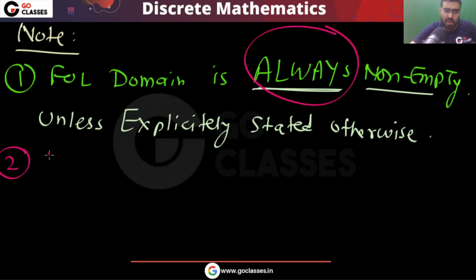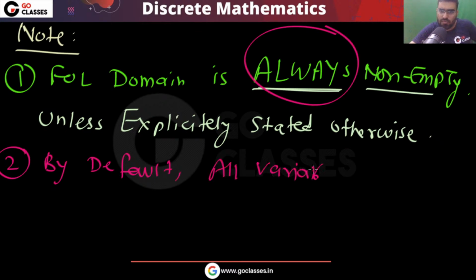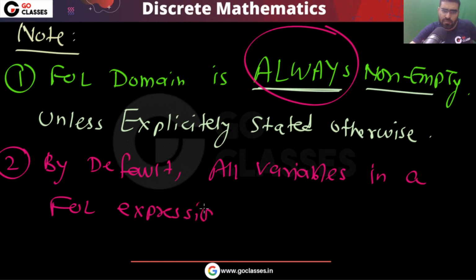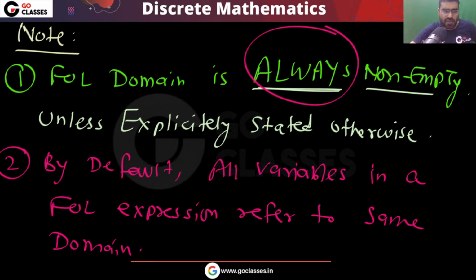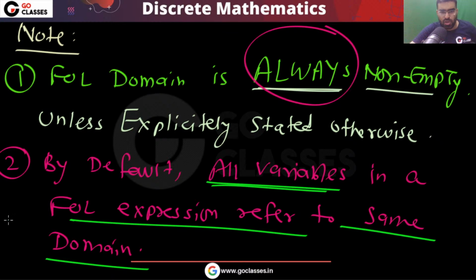And the second point: by default all the variables in a first order logic expression refer to the same domain. If nothing is given to you, then all the variables refer to the same domain. So these are the two points that you have to understand.